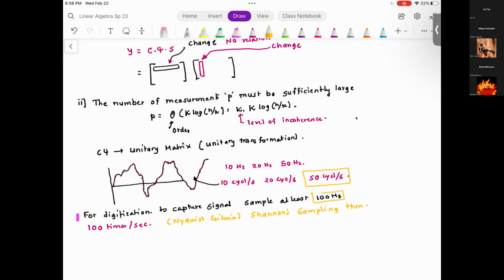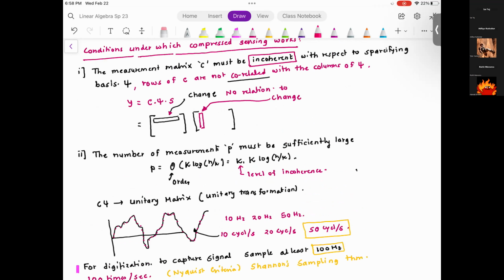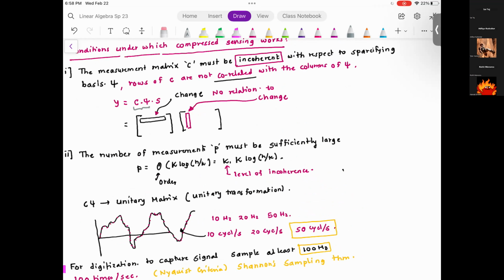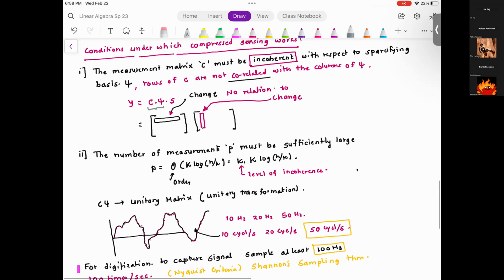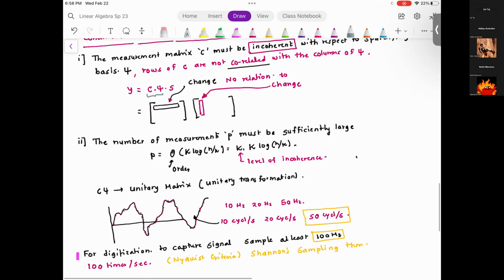Now, what is happening in the compressed sensing? I want you to quickly look at this term. Please understand, C times psi is nothing but a matrix with random entries.